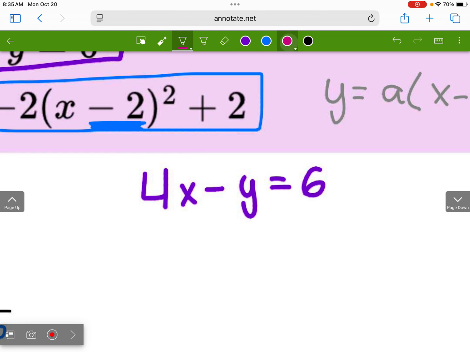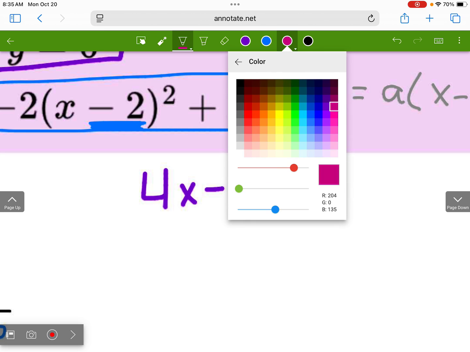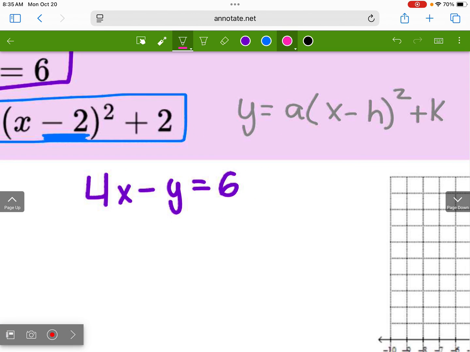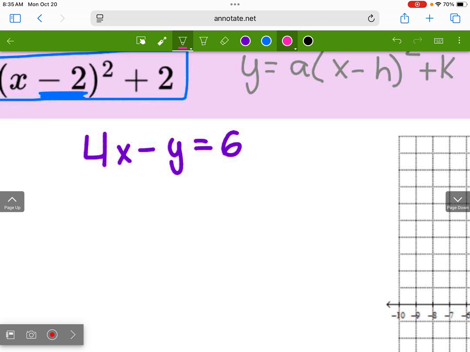If we want to get this into slope-intercept form to make this be easier, what do we need to do? How could I make this have y all by itself on one side? The x to the other side. Yeah, we can move the x to the other side. I can minus 4x from this side, and I can minus 4x from this side.